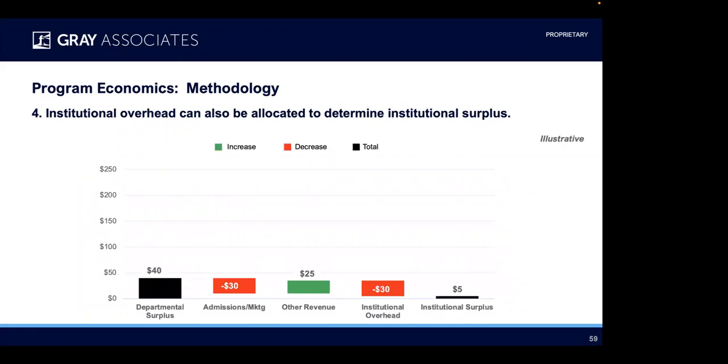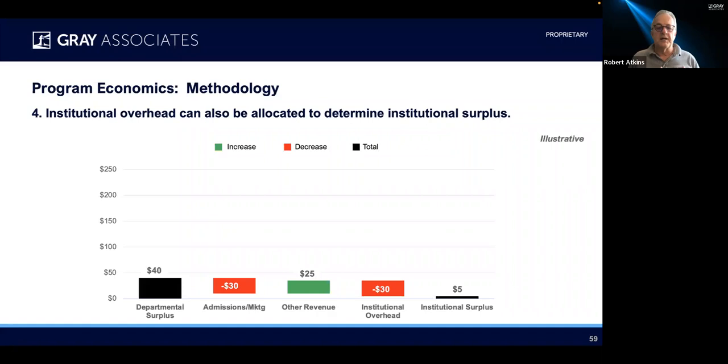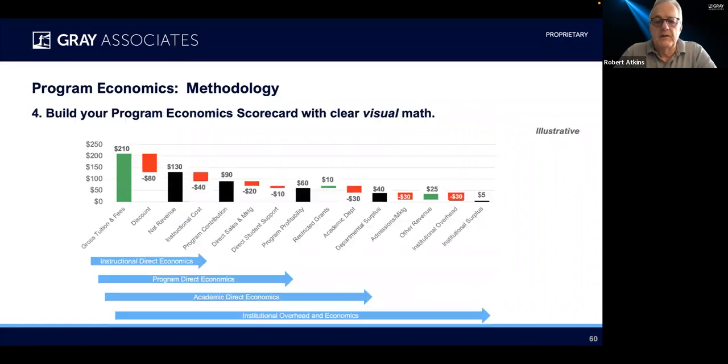It's much easier to say that, and then everybody's aiming for the same number. At 66% margins, my program pays all the bills. And you don't end up in this endless dialogue about whether I should be allocating it based on student headcount, program size, or the number of angels that can dance on the head of a pin.